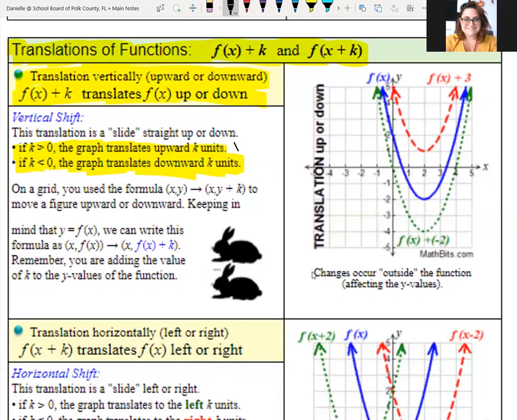So an example would be x squared plus 2 and x squared minus 2. Over here at our graph, again, we're going to call the blue one x squared, which means this green one is x squared minus 2, and this red one is going to be x squared plus 3. Notice the plus 3 and the minus 2 do not affect the x. They are tagged on at the end.